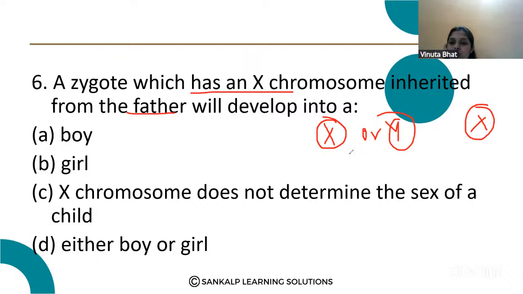So the zygote receives an X chromosome from the father and an X chromosome from the mother, and the sex of the child will be a girl, that is female. Option B is the correct answer.